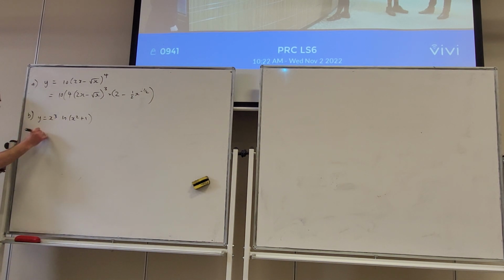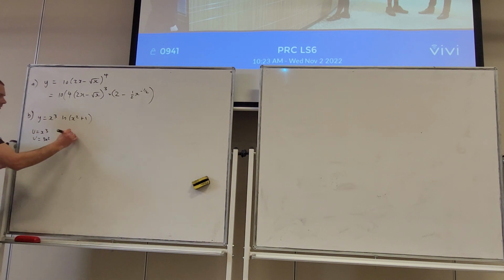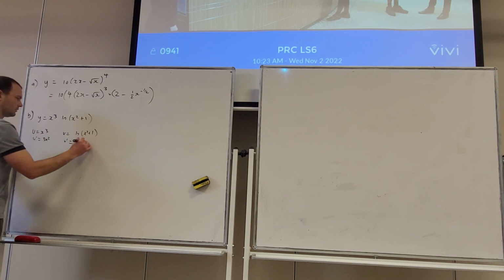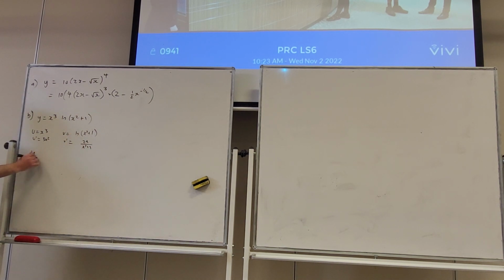This is a product rule. No need to simplify, so just show clearly the u, v, u dash, v dash components and smash it together.